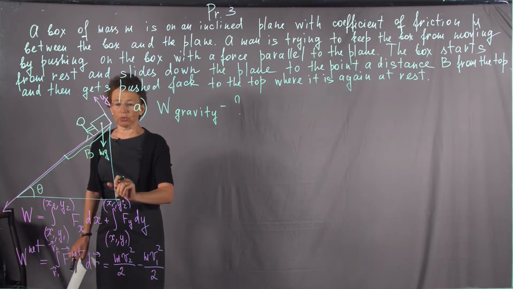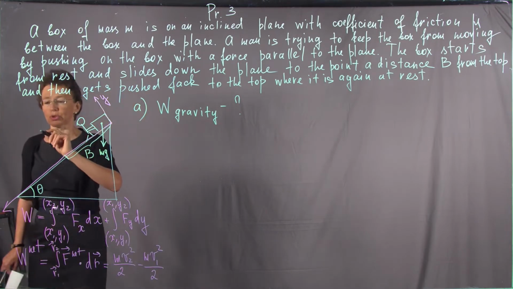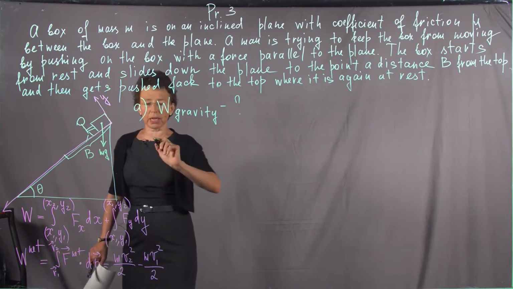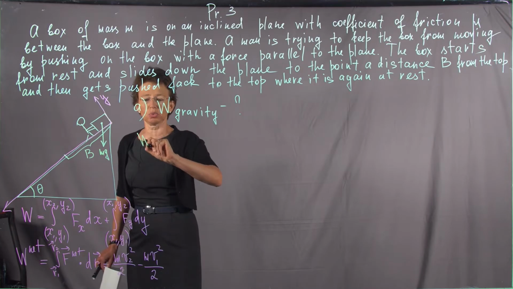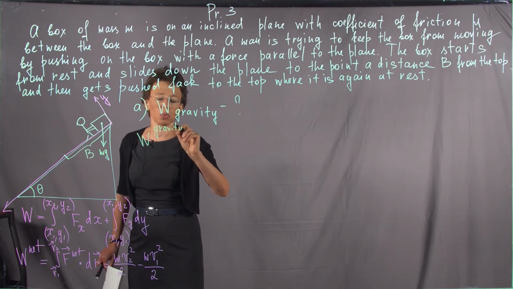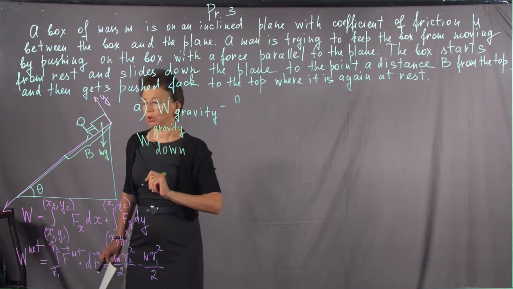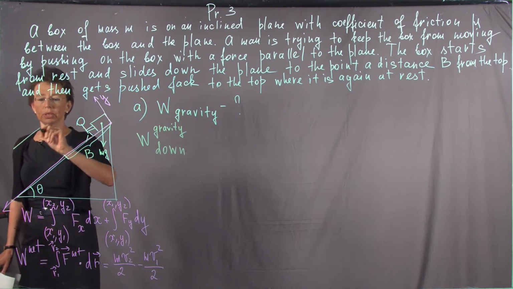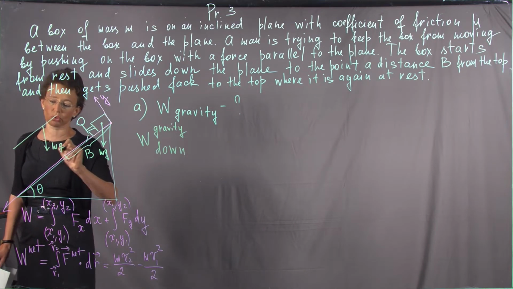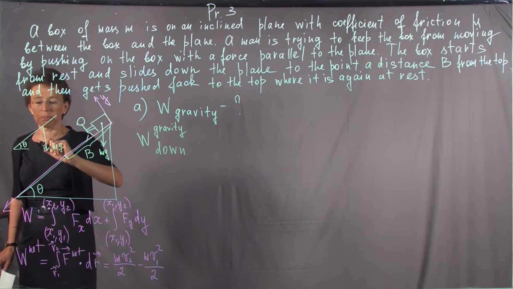Now I need to figure out Fx and Fy. Well, this is force of gravity. We did it many times. But first of all, let me find work done by gravity on the way down. First of all, I will draw this force of gravity one more time. This is theta. I project it.